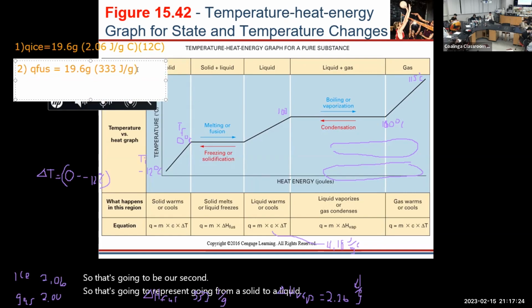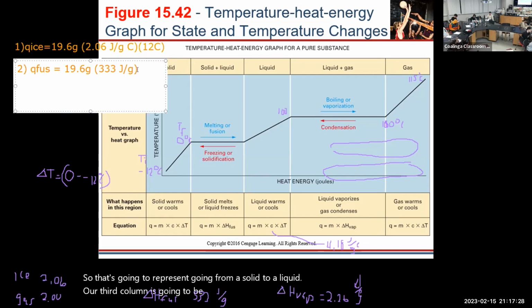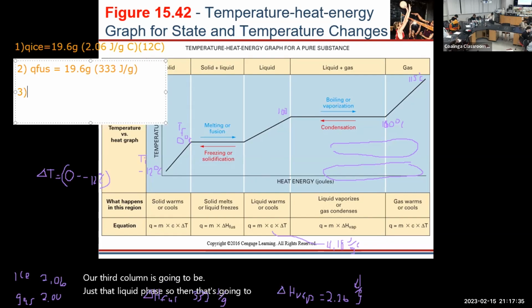Our third column is going to be just that liquid phase, so that's going to be Q liquid. Again, the mass 19.6 grams times 4.18 joules per gram Celsius.